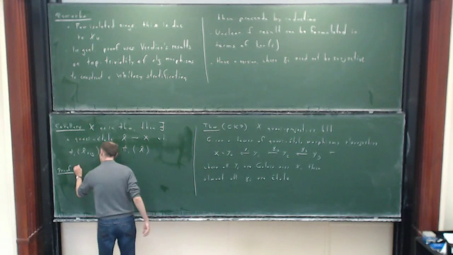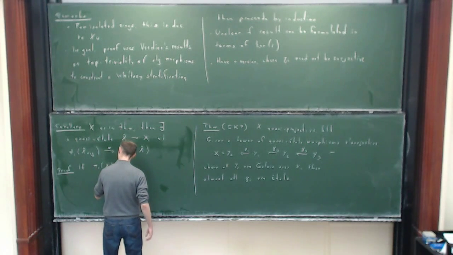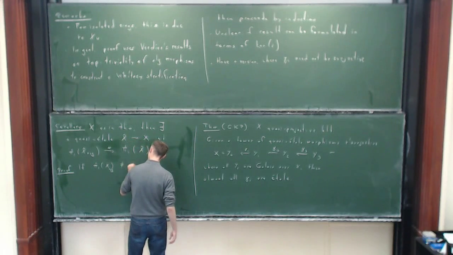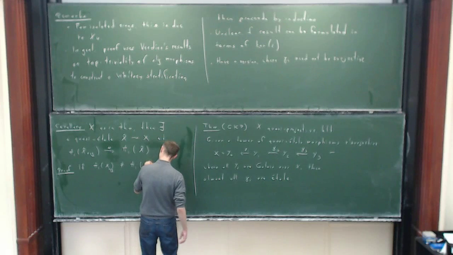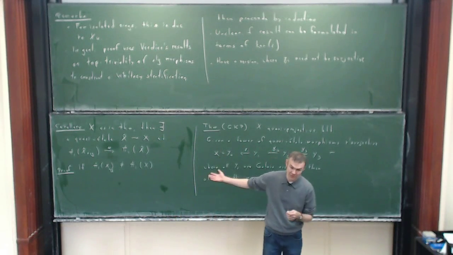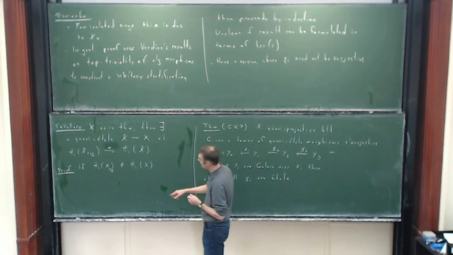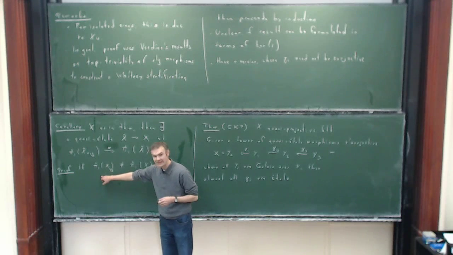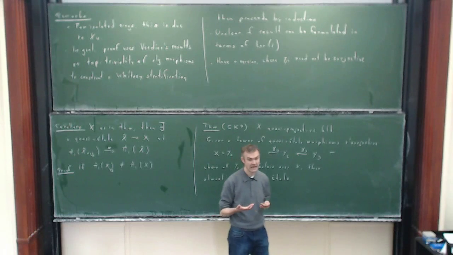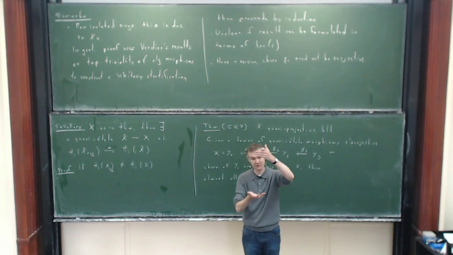If pi 1 of X reg is not isomorphic to pi 1 algebraic of X, well, that means that pi 1 algebraic measures étale covers. That means that there's an étale cover of the smooth locus that does not come from an étale cover of X.